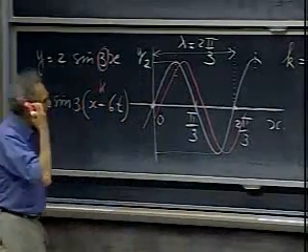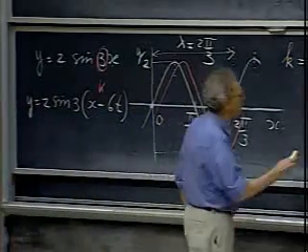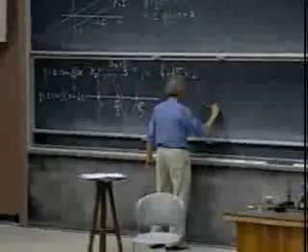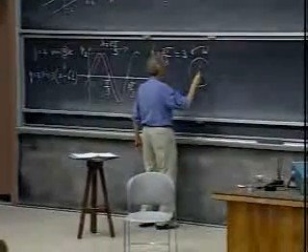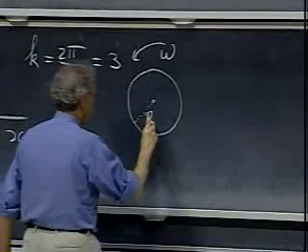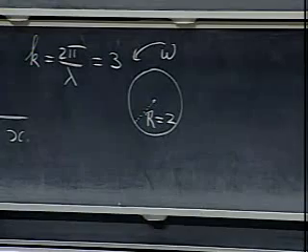Can we make such a traveling wave? Yeah, we can do that actually quite easily. Suppose I have here a rotating wheel, rotating with angular frequency omega, and let it have a radius r, and I give it 2 units so that I get the same amplitude that I had here.